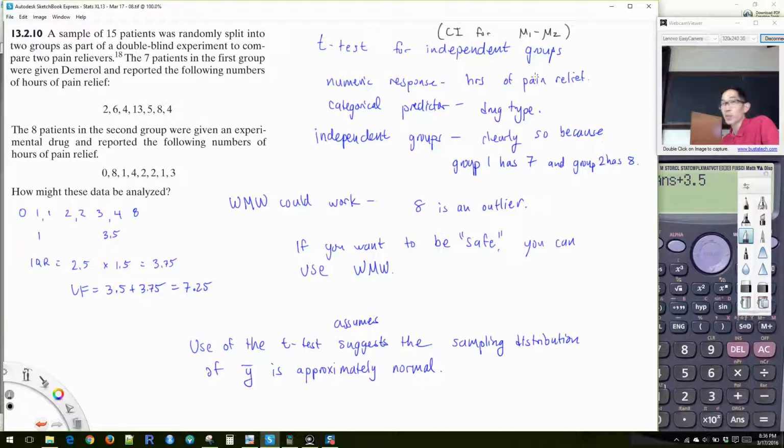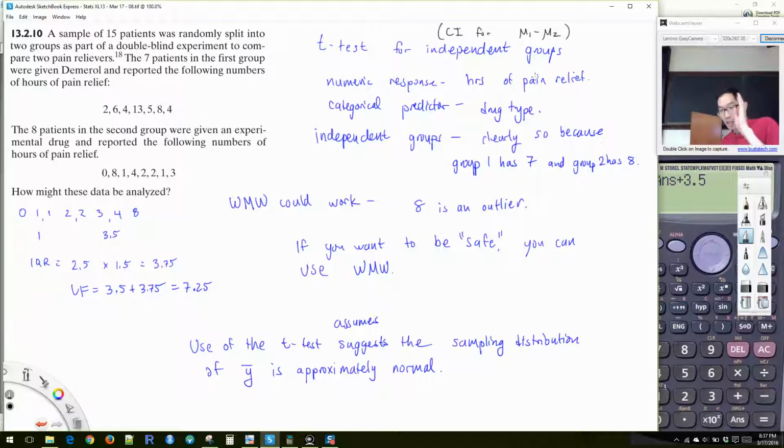The way it's measured is important. Take something like BMI. BMI is traditionally a numeric variable, right? You got a BMI of 22, you got a BMI of 29, whatever.